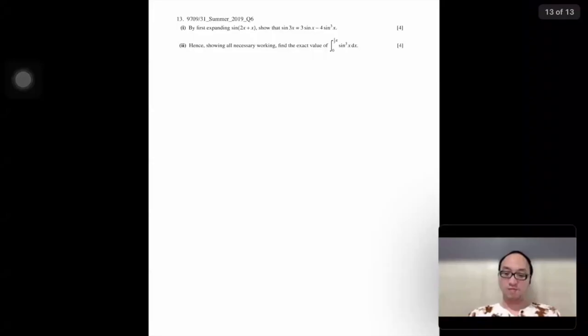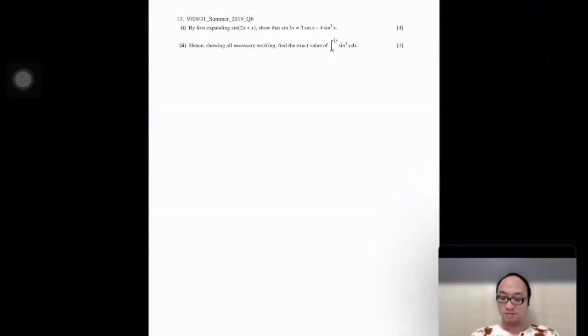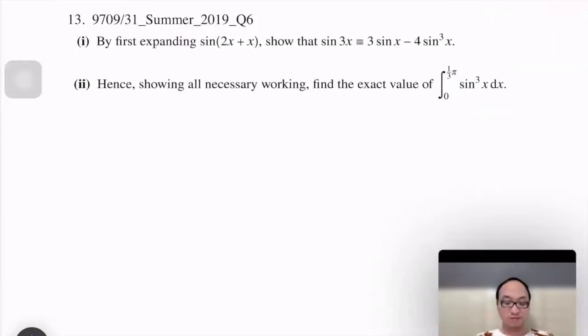Number 13. By first expanding sine of 2x plus x, show that sine 3x equals 3 sine x minus 4 sine cube x. So sine of 2x plus x.